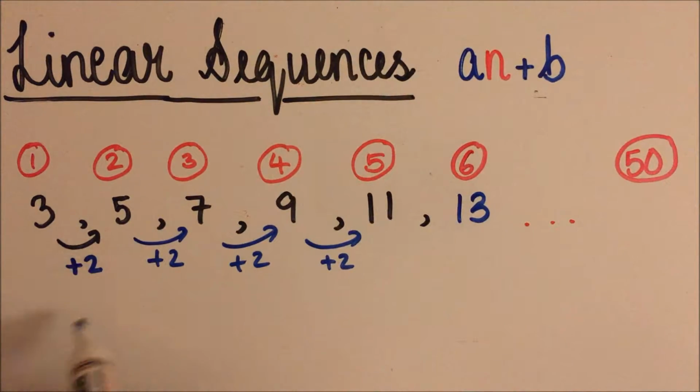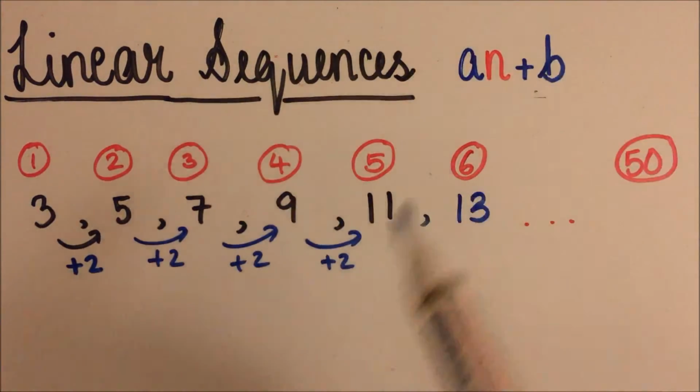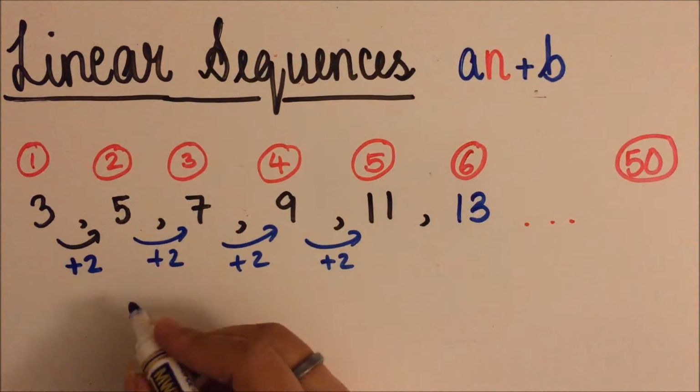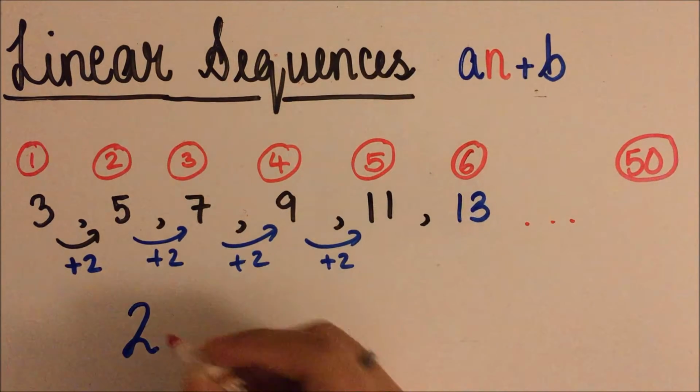Be careful that you don't get your signs wrong because it's an increasing sequence because you're adding 2 each time, so make sure that you don't forget the plus here. Okay, by just doing this, you've already done half of finding the formula. So whatever the difference is in this case, write it down and put n next to it.